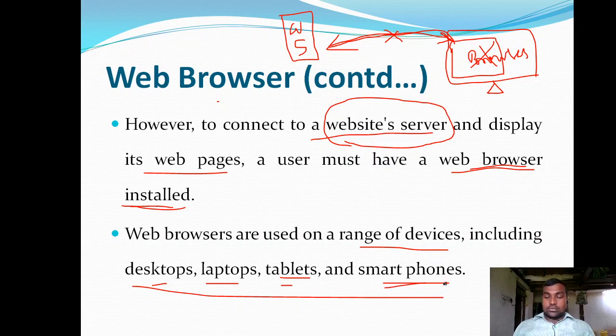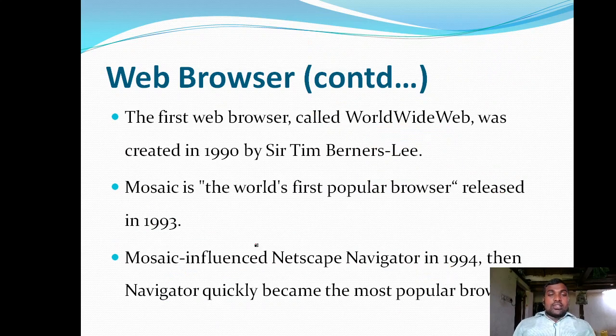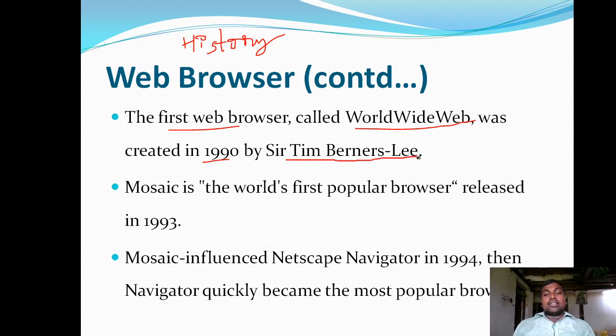Now we are moving to some history about web browsers. The first web browser, called World Wide Web, was created in 1990 by Sir Tim Berners-Lee, the person who invented the World Wide Web.